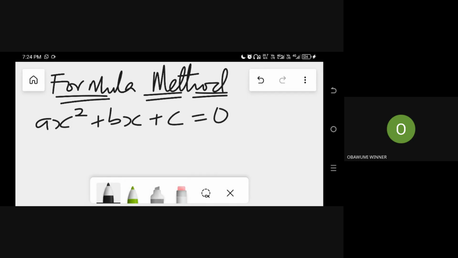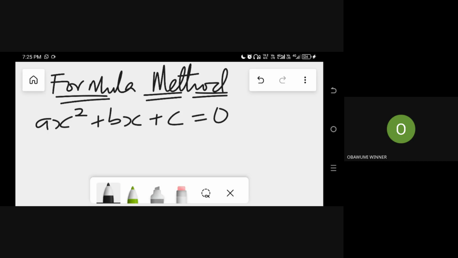This is the general form of a quadratic equation. Remember, a quadratic equation has the highest power of 2. It cannot have a power greater than 2. The highest power it can have is 2.